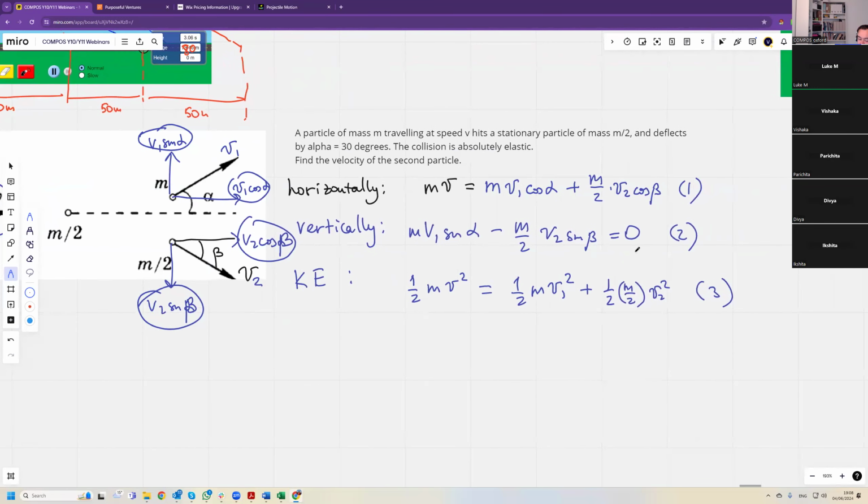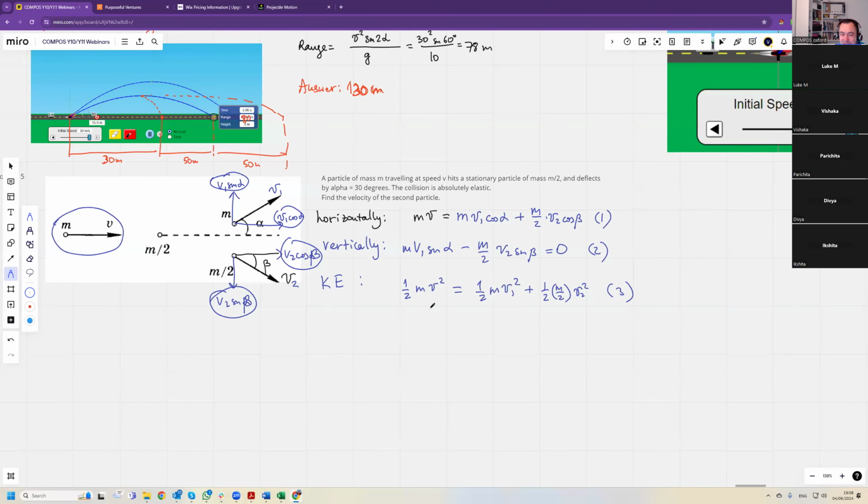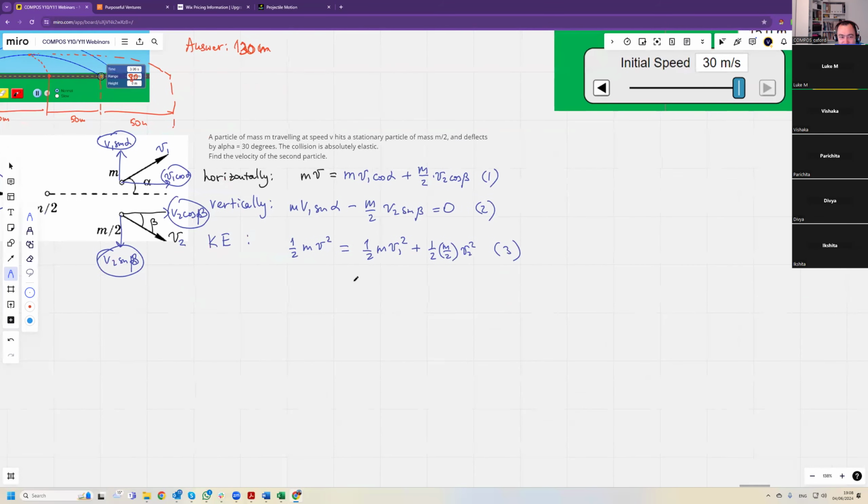Now, the physicist in me says that I have solved the problem. I have, because that's where physics ends. This is the end of physics. All you need to do now is solve the three equations. And that's a mathematician. You need a mathematician to do that.